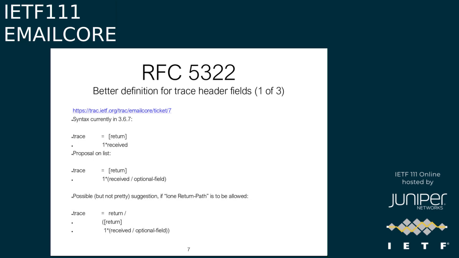Yeah, I just wanted to clarify that the absence or presence of receive fields isn't the question. It's whether you can have a return path with no receive fields. I think Ned has made a reasonable case that you could come up with a reason to do that. The initial thought was, well, if you've got a return path, then it must mean that it traversed something, because it's coming from the mail from in the SMTP stream.